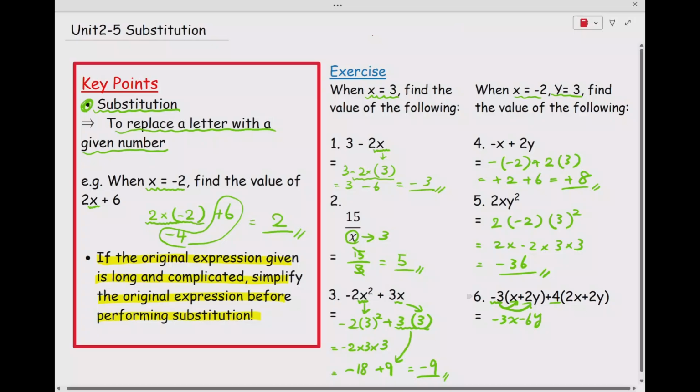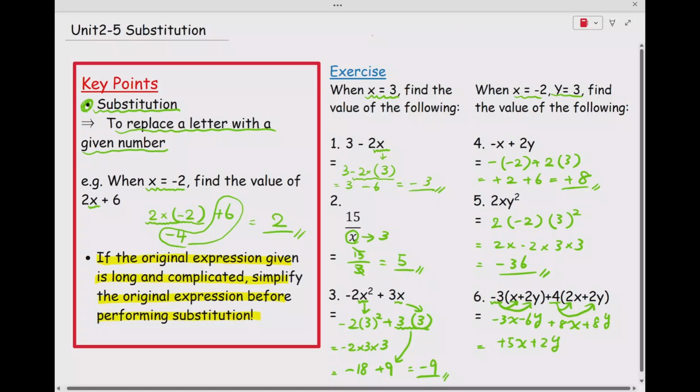So, you multiply plus 4 with each of the terms inside the brackets like this, and you get plus 8x plus 8y. Then, combining the x with x, and y with y, respectively, we get plus 5x plus 2y.